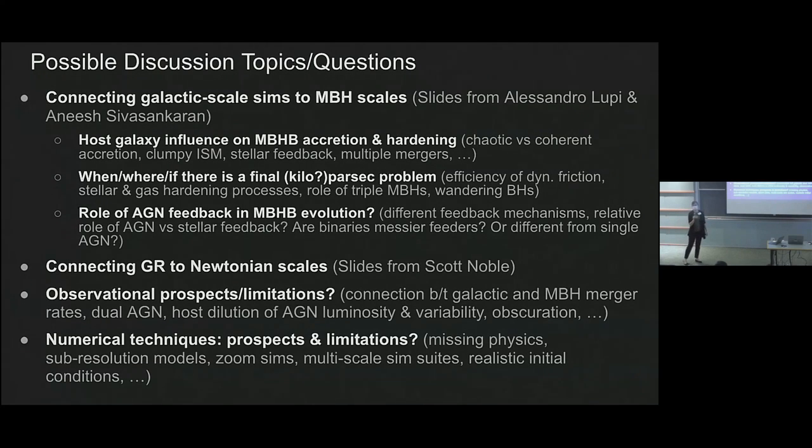We had some discussion earlier this week about the extent to which the dynamical friction regime of inspiral might be more of a limiting factor on the merger time scale than originally thought. And then also the role of AGN feedback in black hole evolution, and how that affects binaries differently than single AGN, and how stellar feedback might play into this. So those are just some ideas to get percolating in everyone's minds, and we can come back to those later if we want.